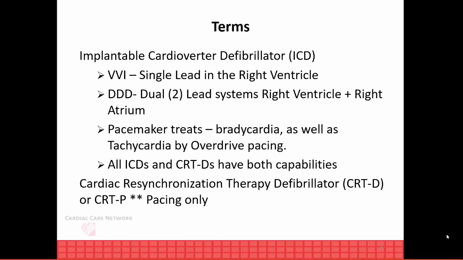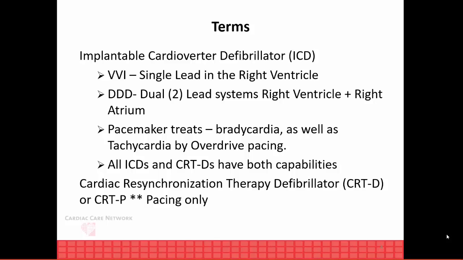A few terms that you'll hear out in the field is, similar to a pacemaker, whether a patient has a single chamber device or a VVI, V meaning there's one single lead in the right ventricle, dual or DDD indicating there are two leads, one in the top atrium and one in the bottom in the right ventricle.